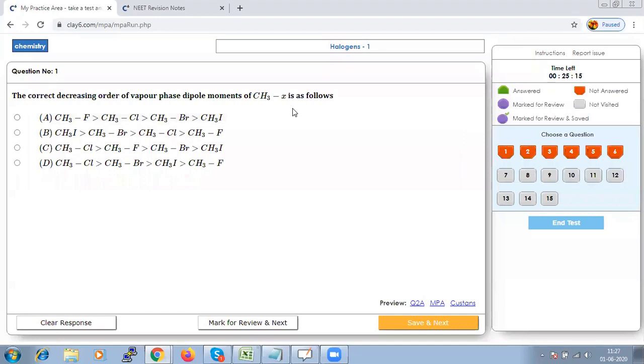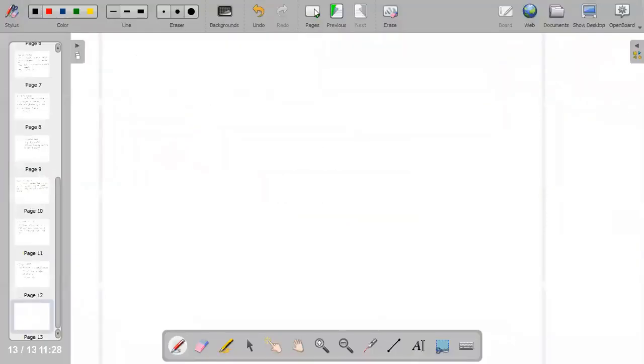We all know the electronegativity of the halogens follows the order F greater than Cl greater than Br greater than I. But the dipole moment of F is less than that of chlorine because of the small size of the F atom, which suffers more repulsion than the chlorine atom.